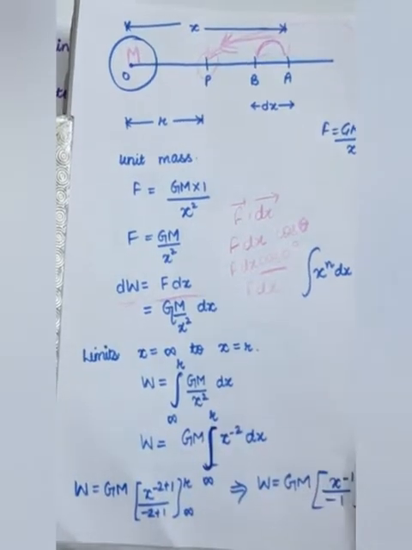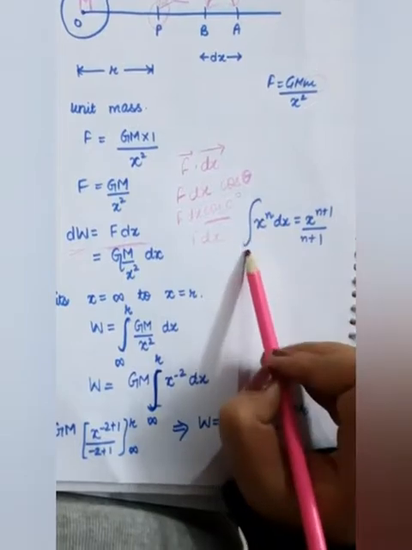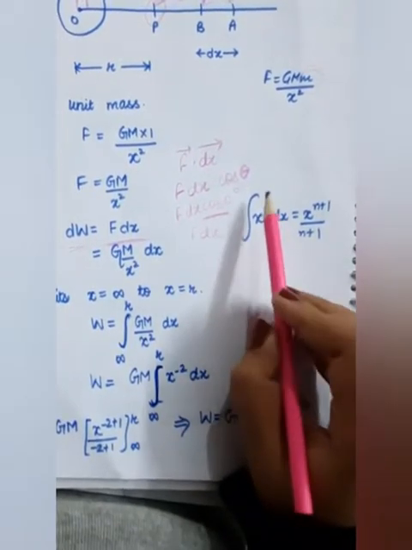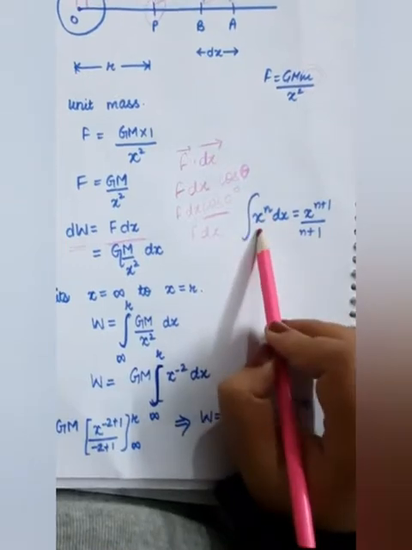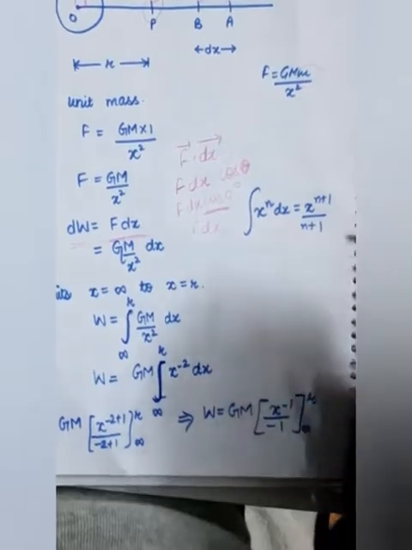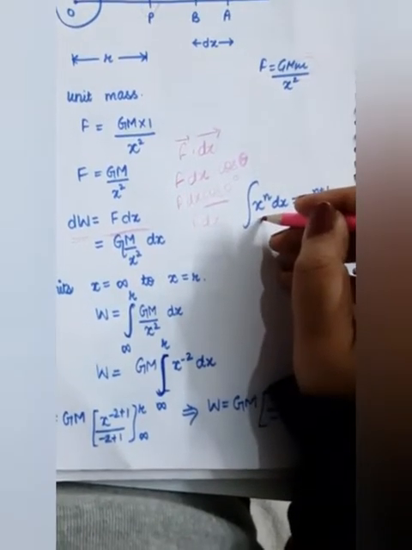I'll tell you a rule of integration now. The rule says that if the integration is to be done with respect to a certain variable, for example, if I want to integrate x raised to the power n dx, the integration has to be carried out with the variable x, and this is the power rule of integration.